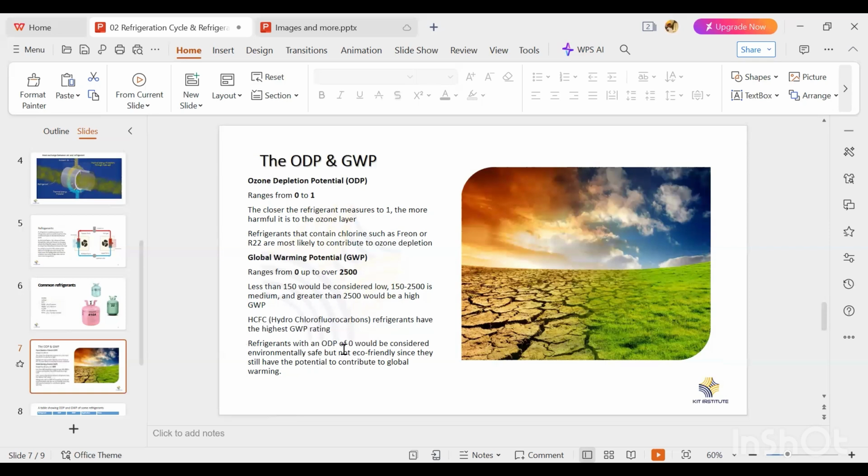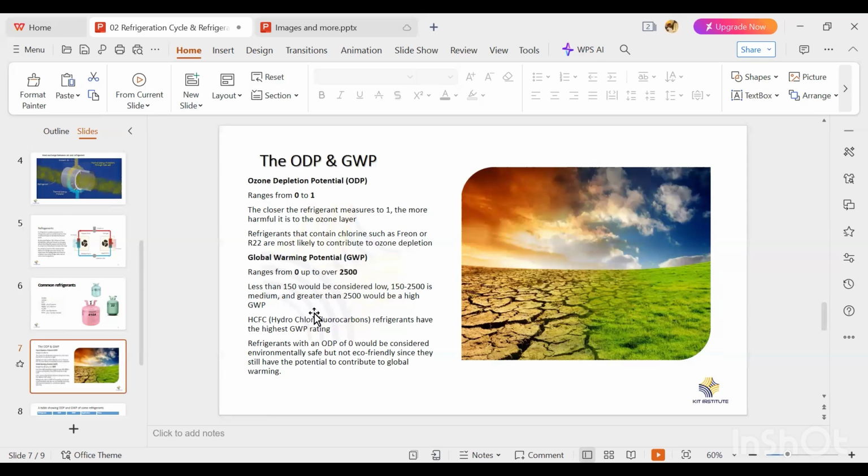Refrigerants with an ODP of 0 would be considered environmentally safe, but not eco-friendly, since they still have potential to contribute to global warming. So if a refrigerant has a 0 ODP, it doesn't indicate that it is a good refrigerant, because it might also be posing a threat to global warming.